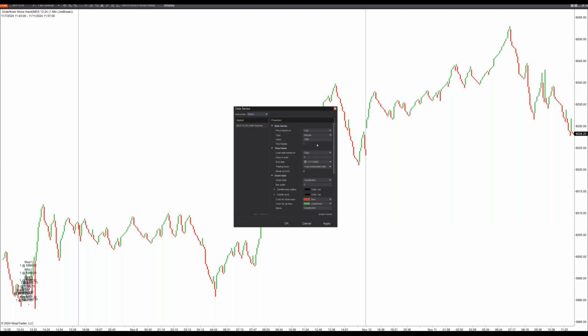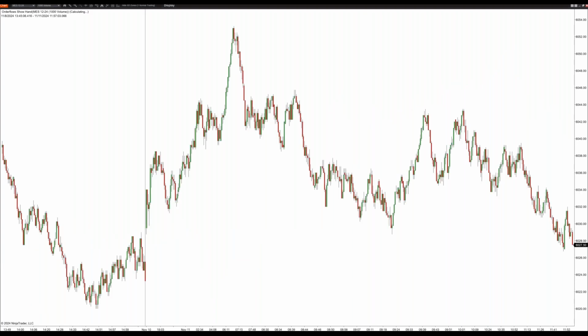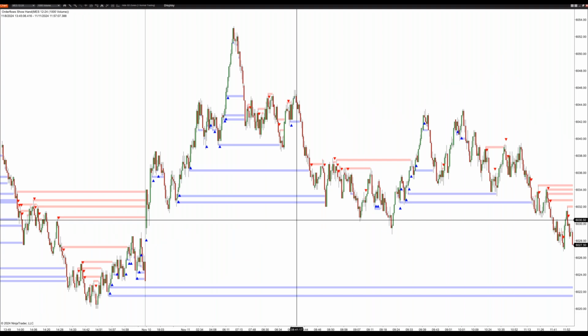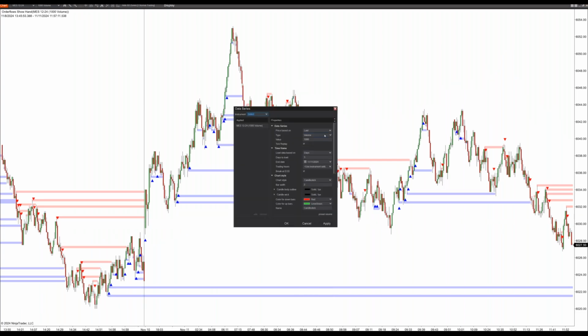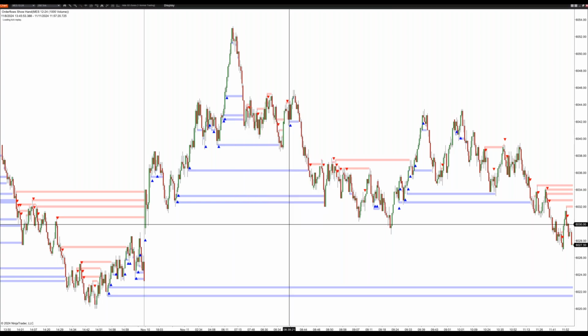But you could use it on volume-based charts. You could use it on tick charts. I don't know what is a good tick chart for this market.